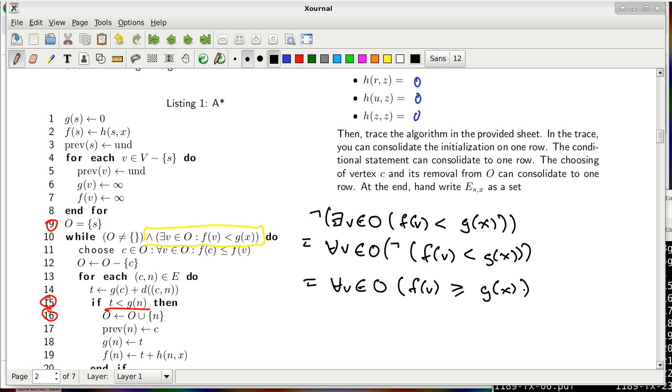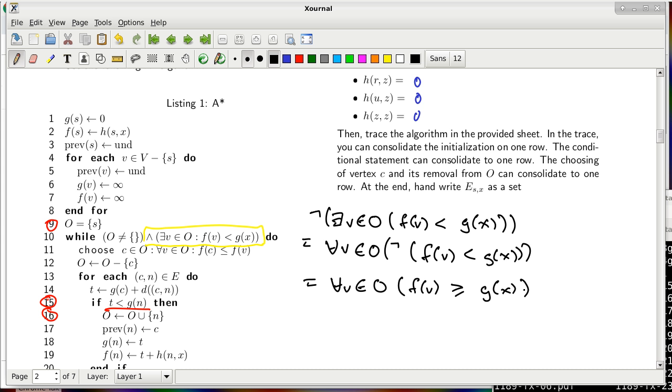Then I look for some derivation or explanation. It doesn't have to be all in symbols, and then you come to a contradiction. And then I'm looking for the final part of your proof, which is, since there is a contradiction, the original theorem is in fact true. So I'm looking for all of those steps.